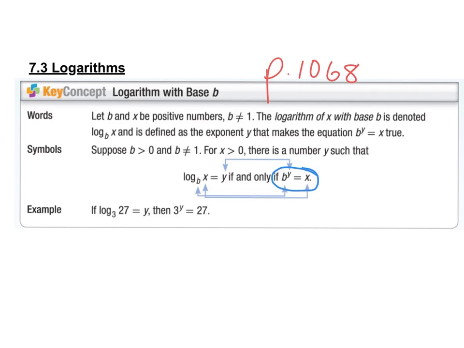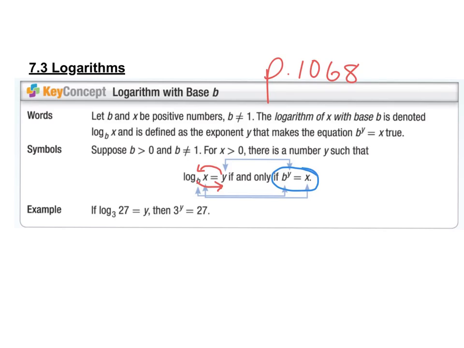Okay? The way I like to think about it is it kind of circles and cycles around like that. So this is really b to the y equals x. So in this case, 3 to the y equals 27. So it kind of cycles around backwards.